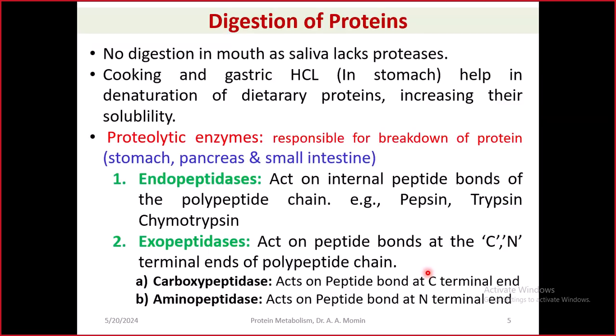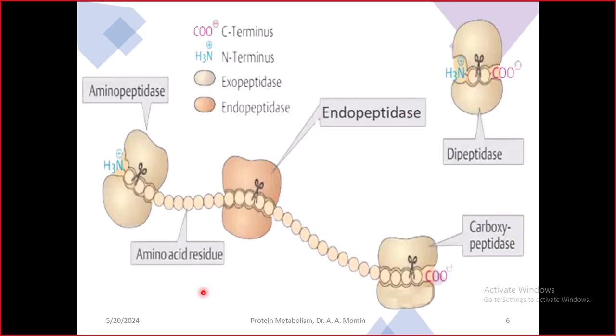So these are the two main classes, endopeptidases and exopeptidases. Exopeptidases are further classified into carboxypeptidases and aminopeptidases. Apart from this, there are other peptidases, dipeptidases, because by the action of endopeptidase and aminopeptidase, at the end only two amino acids will remain, one of which has the amino terminal, the second of which has a carboxy terminal.